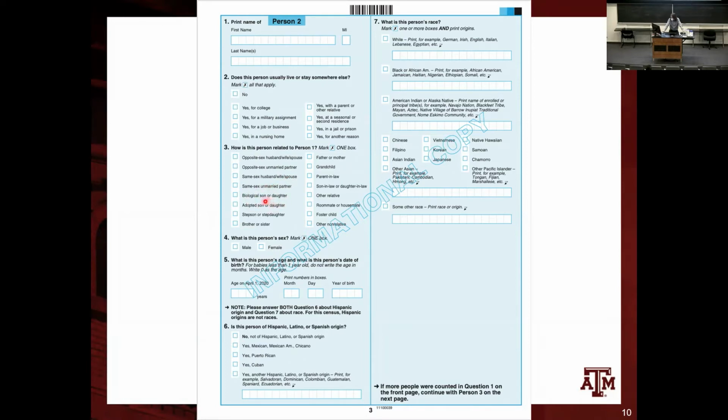And then you go to son, daughter, stepson, and so on, right? And then the same questions: sex, age, date of birth, just to see if that information was provided correctly, ethnicity, and race. And then those questions here, the person answering the questionnaire provides them for everybody who lives in the household. Cool?